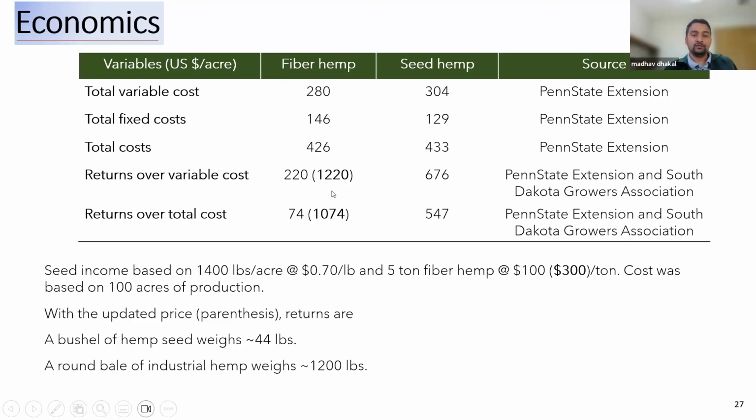I found, within the parentheses, it's like $1,200 per acre over variable cost, almost $1,000 per acre over the total cost. So the economics is really variable, but I would say it depends on the market capability and the quality of the fiber as well.